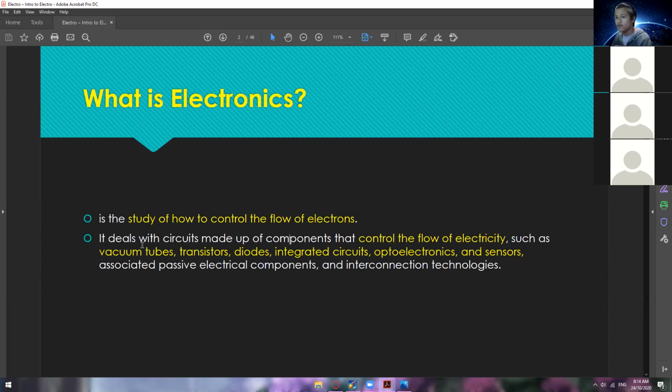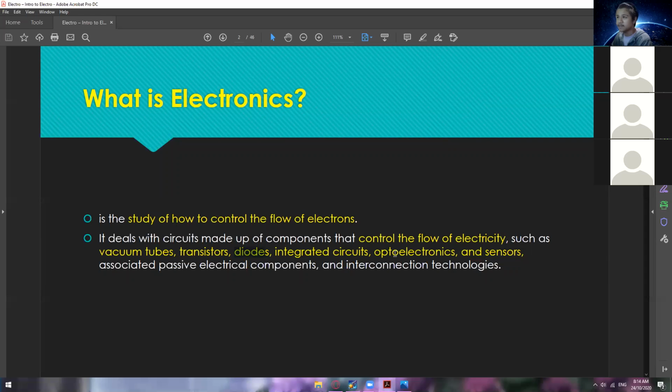Or in other words, it deals with circuits made up of components that control the flow of electricity, such as vacuum tubes, transistors, diodes, integrated circuits or IC, optoelectronics, and sensors associated, passive electrical components, and interconnection technologies. All right.